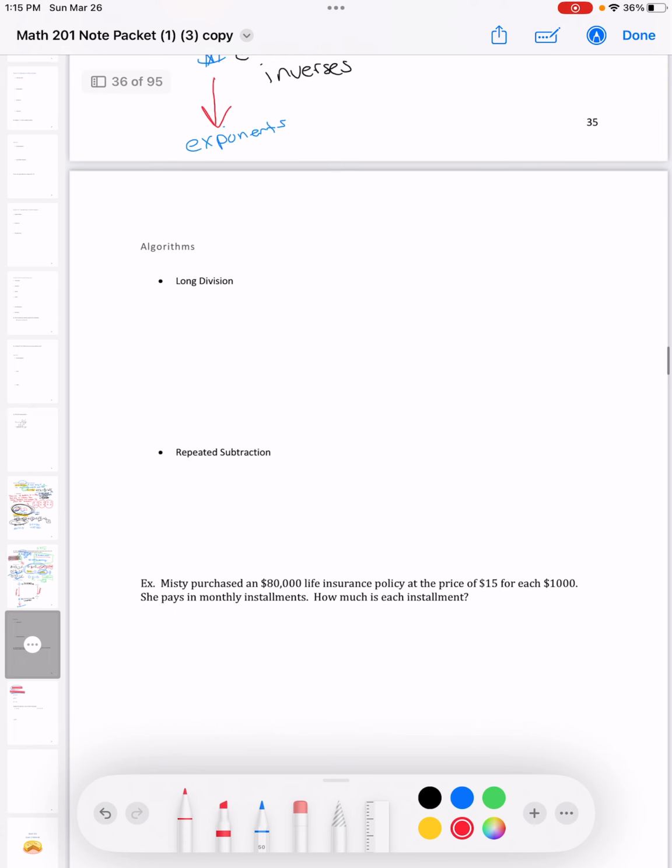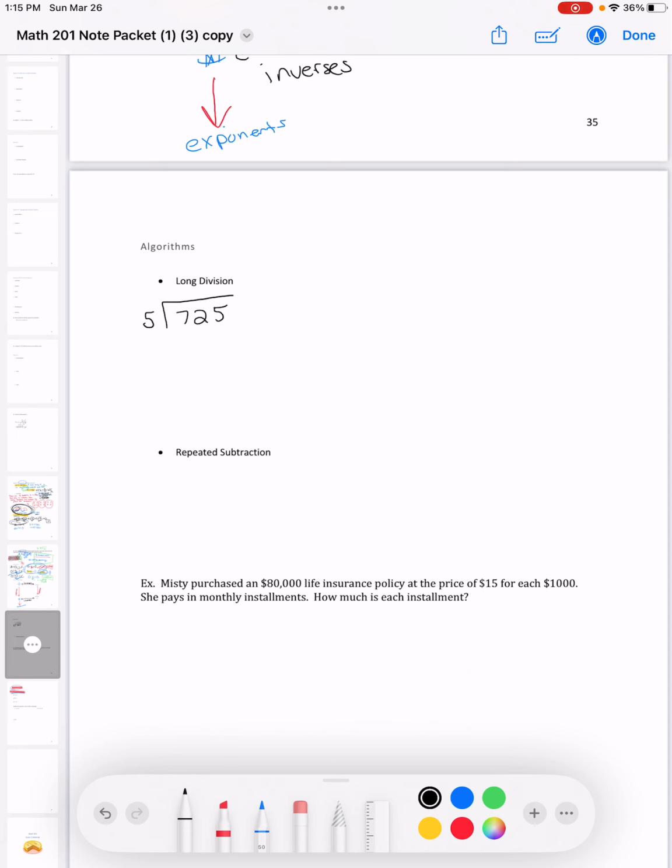Let's look at some algorithms here. So the algorithms, there's not a whole bunch for division. We've got to do everyone's probably least favorite thing, which is long division. So I'm going to start us with a problem that does not have a remainder. Now I like to write down these steps that I'm going to be doing.